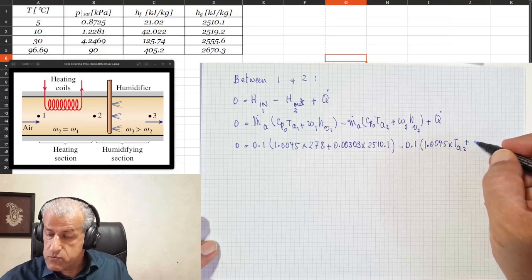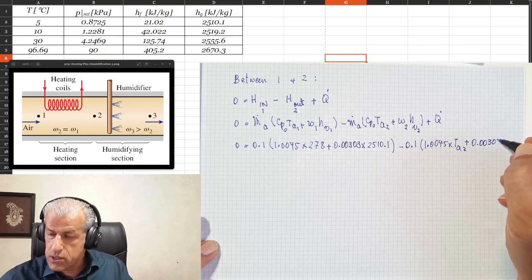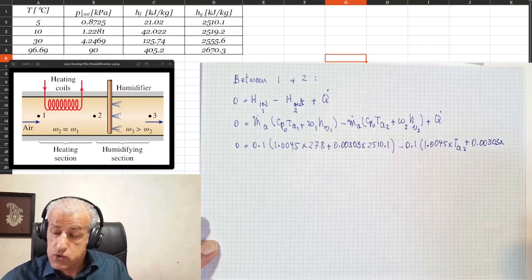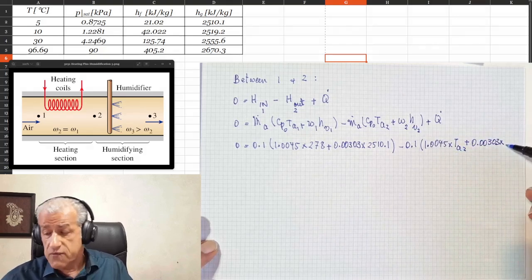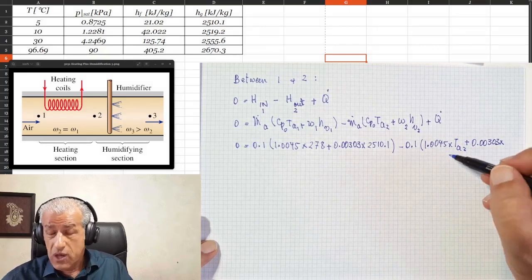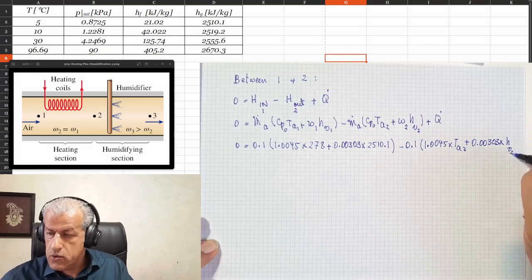and that would be 0.00303 times HV2, which is a function of Ta2. I mean, if we know this temperature, we could know HV2. So these two won't be two different unknowns.